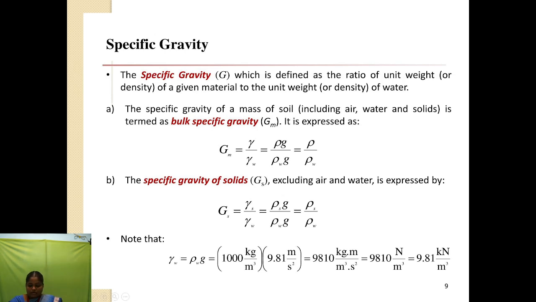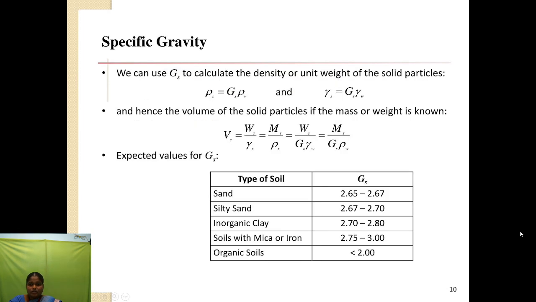The specific gravity uses standard values for sand, clay, rock, brick, and other materials, which should be used for problems. In this table for specific gravity, Indian standard, sand is 2.65 to 2.67.